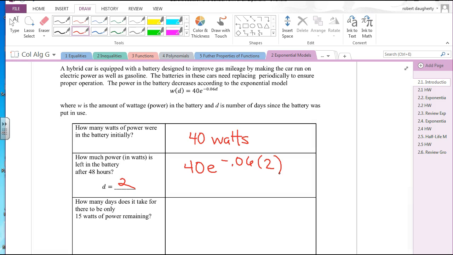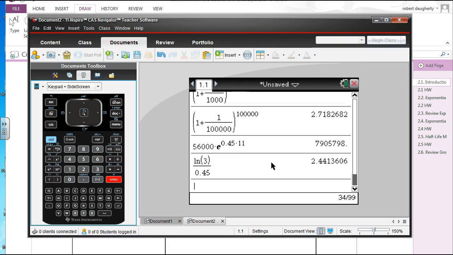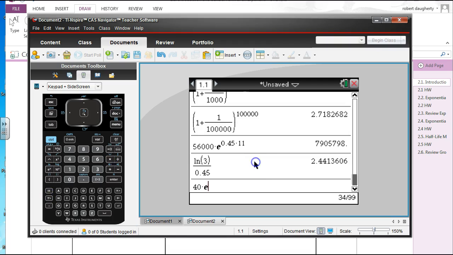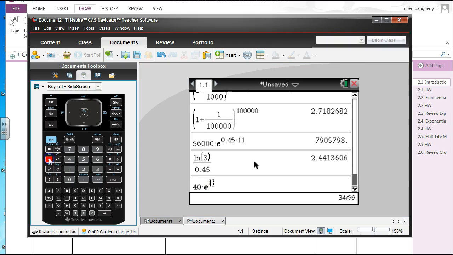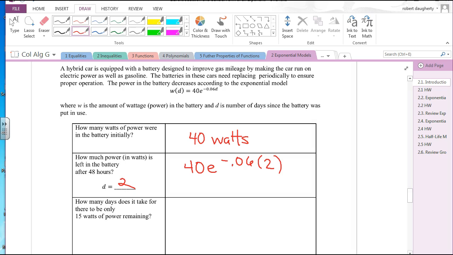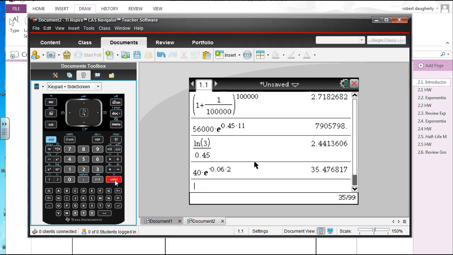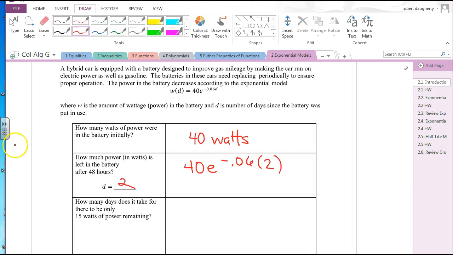Off the top of your head, does anyone know this one? I'm guessing no. So it is 40 times e to the minus 0.06 times 2. Okay, and that is 35.47.